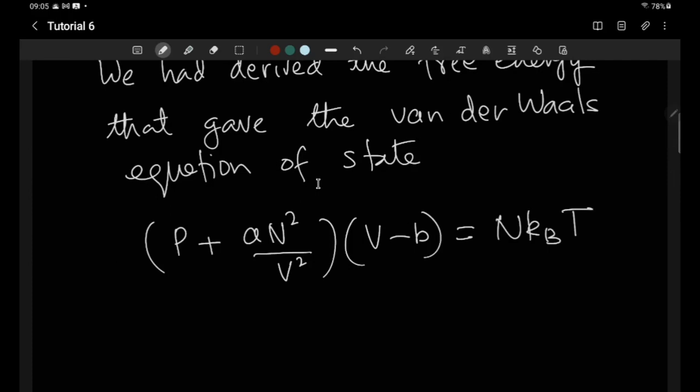And as a bonus, we were able to identify a and b with some microscopic quantities; we had done a virial expansion, if you remember.